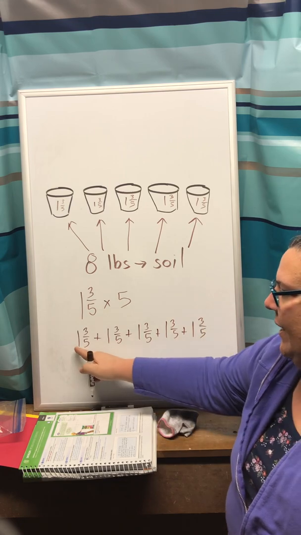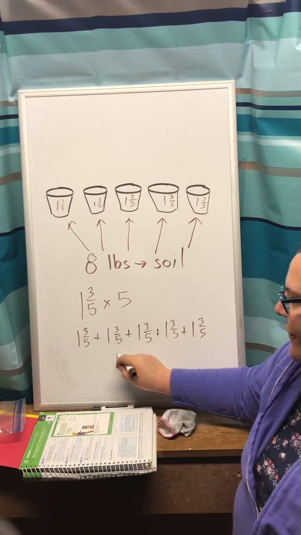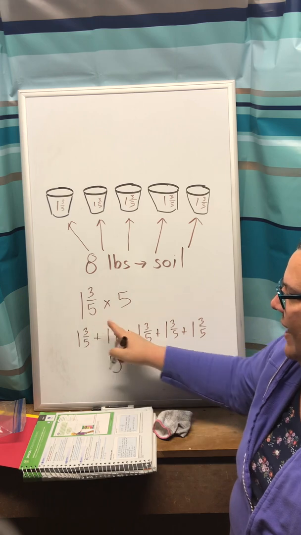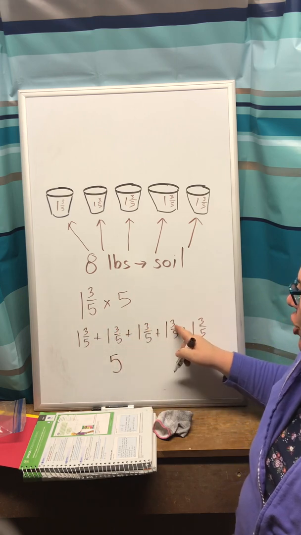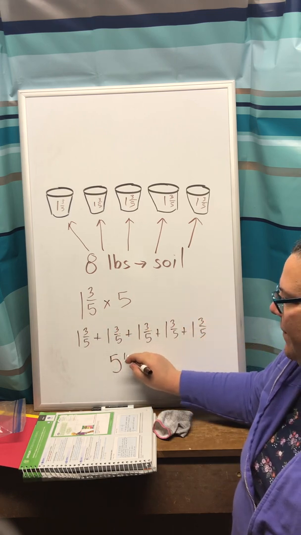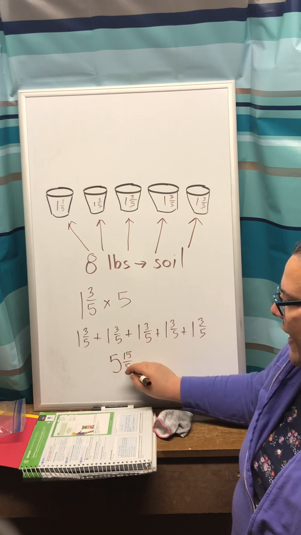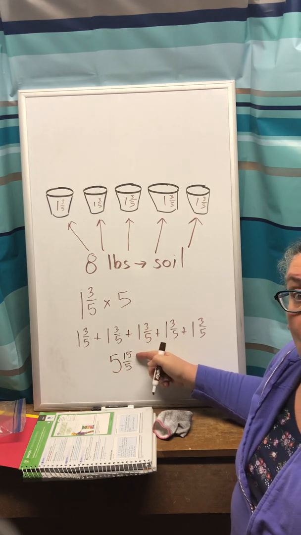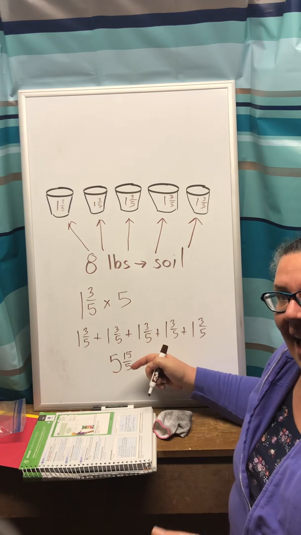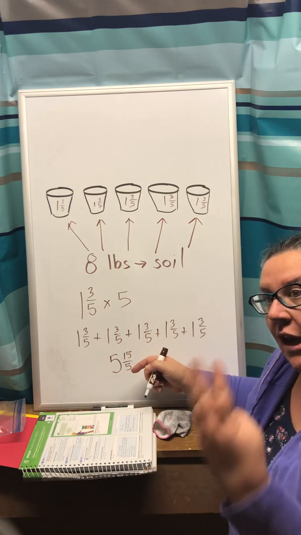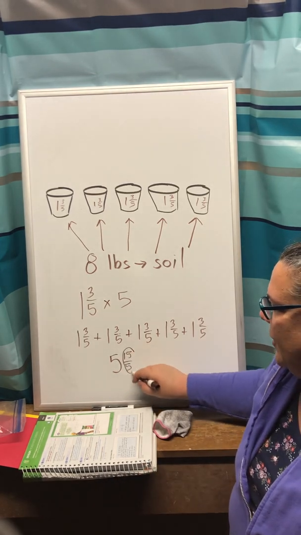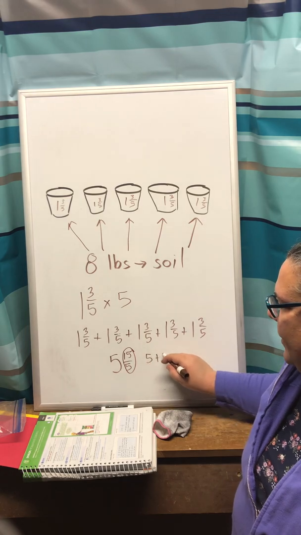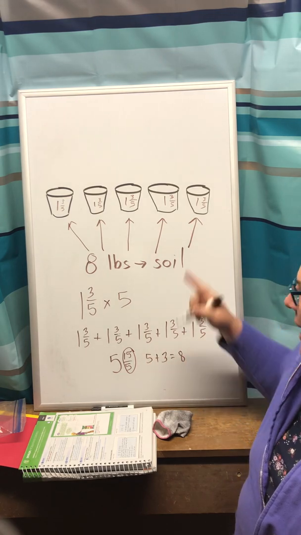So again, it's going to be 1, 2, 3, 4, 5. And then I have 3, 6, 9, 12, 15 fifths, and we know that 15 over 5 means, how many 5s in 15? 3. So this is whole number 3, and 5 plus 3 brings me back to my 8.